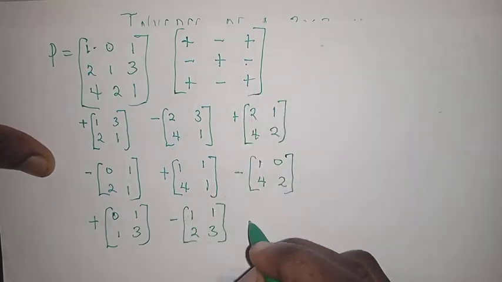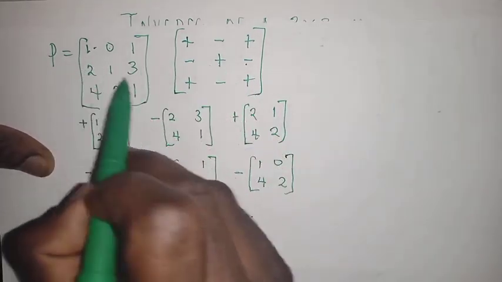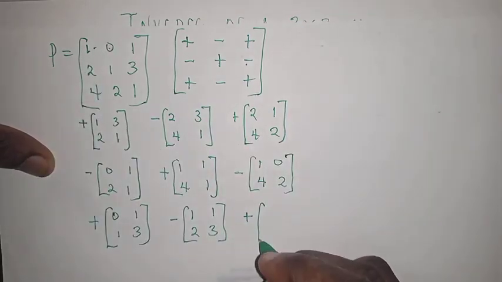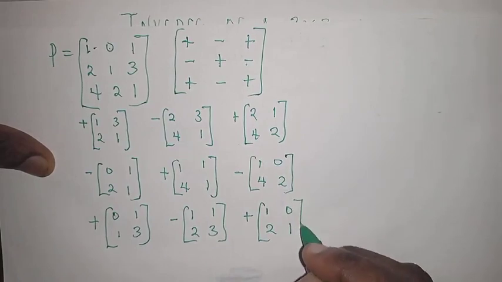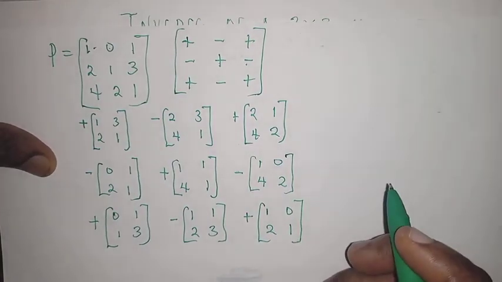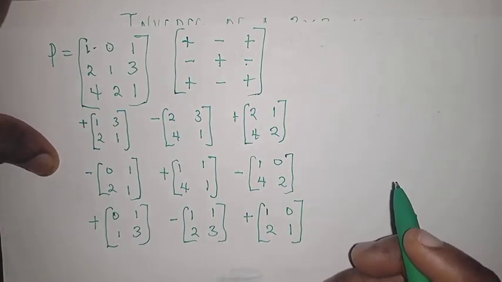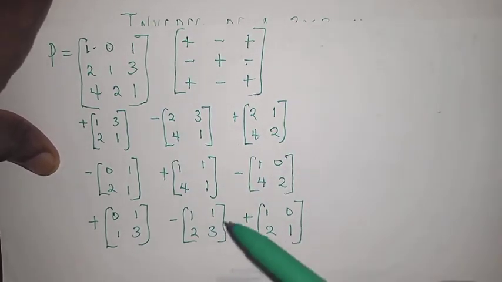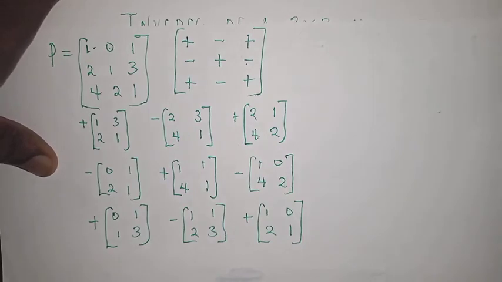For this, we're picking 1, 0, 2, 1. So all we need to do now is use this. We just need to get the determinant of each of these square matrices.